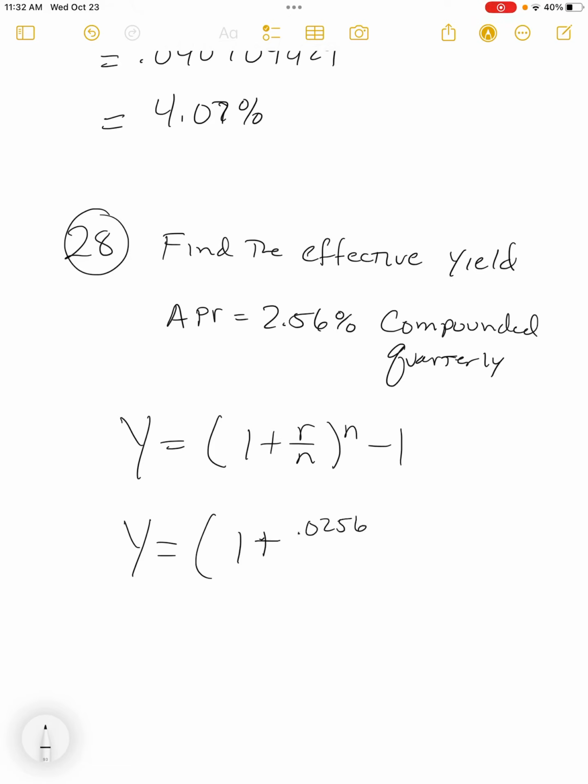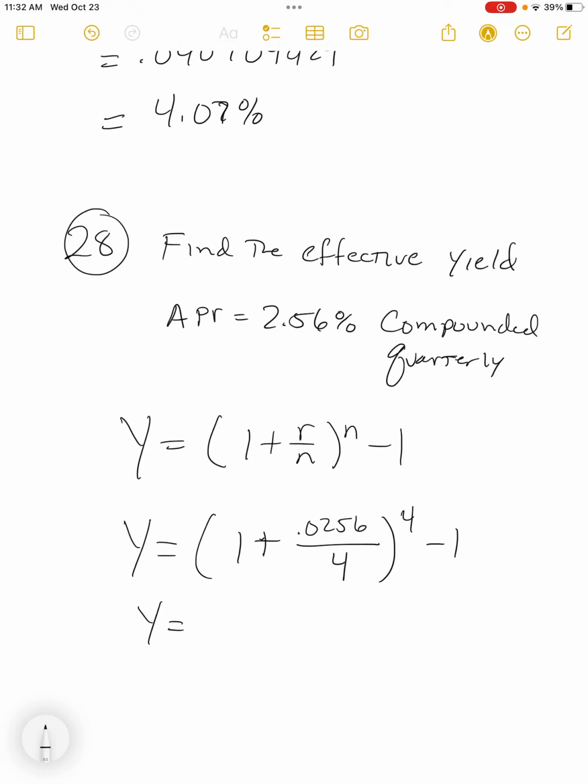Compounded quarterly, do you remember what that is? It's 4, to the 4th, minus 1. So what's the effective yield? It is 1 plus 0.0256 divided by 4, raise that to the 4th power, and subtract 1.